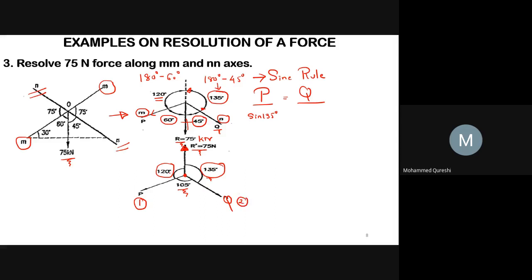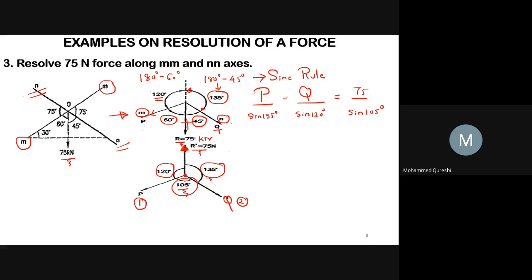The opposite angle will be 120, so Q upon sine 120 degree equals the resultant R dash, that is the known value 75. The opposite angle is 105 degree, so upon sine 105 degree.